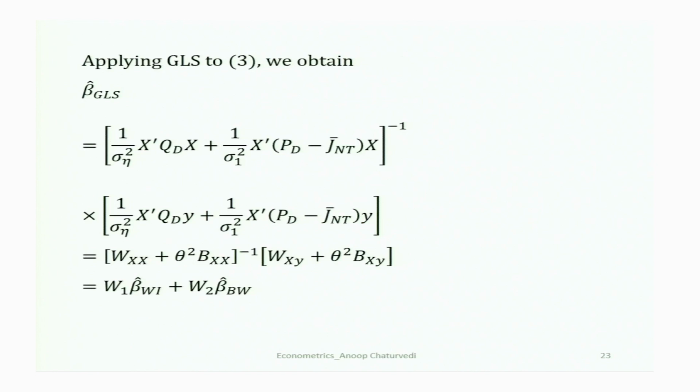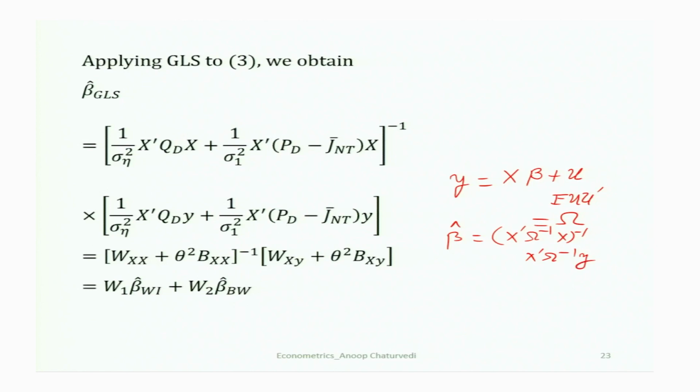Just apply this formula of GLS. Say if you have this model y equals x beta plus u, and the variance covariance matrix of u, expectation of u u transpose, is equal to omega, then beta hat is equal to (x transpose omega inverse x) whole inverse x transpose omega inverse y.